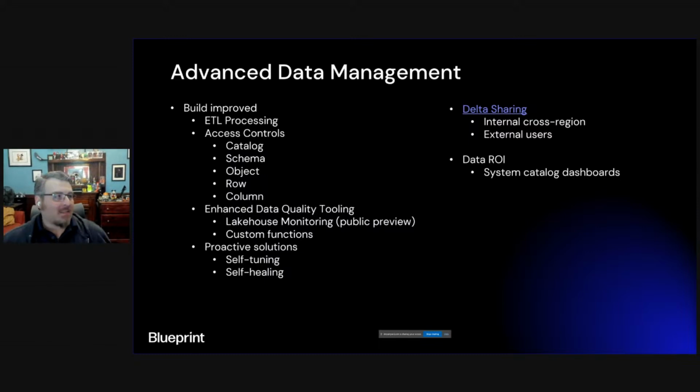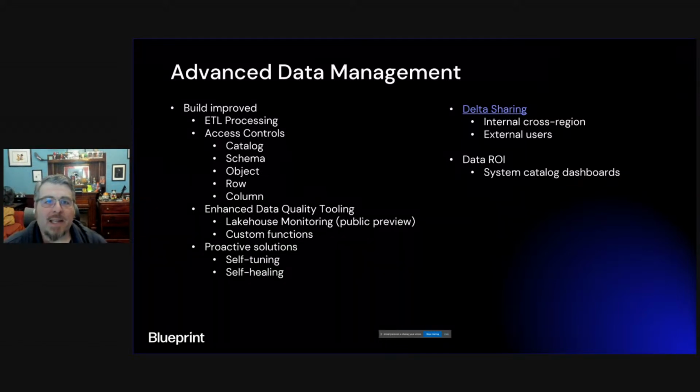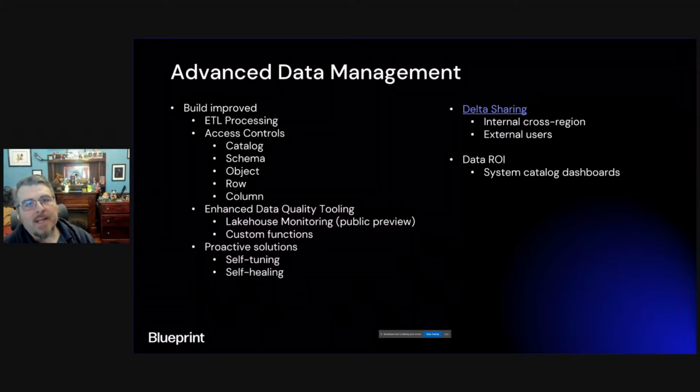All right, now I've given you a high level of data discoverability and the extended data that's now provided by Unity Catalog. Now let's talk about what we can do. What kind of advanced data management techniques do we have access to? With this metadata, we can now build improved ETL processing pipelines.